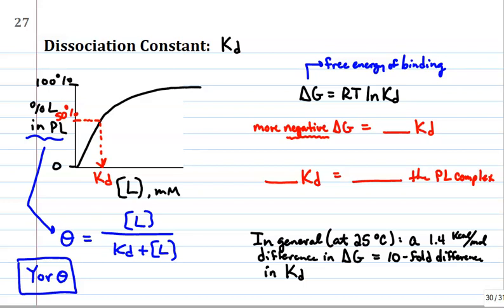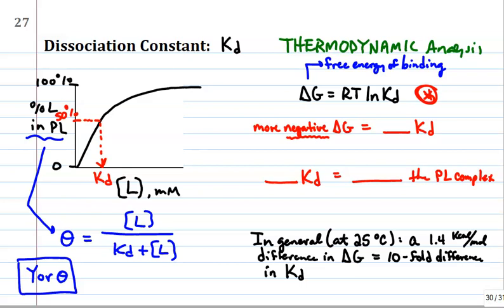So really this ties back to what we've done before. We can do a thermodynamic analysis. In this case, think about free energy of binding, delta G, is R times T times natural log of the binding constant, K sub D. Very important equation.